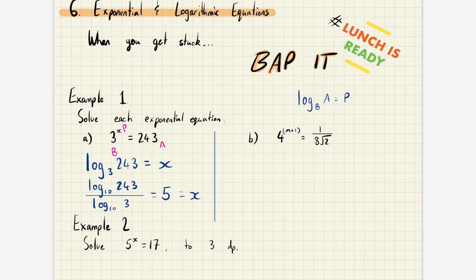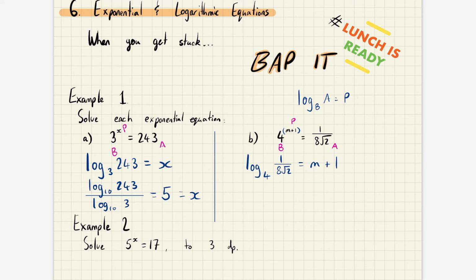We're a little bit stuck, just like before, so I'm going to BAP it. We've got the base, the power, and the answer. Rewriting it, I have log base 4, the answer is 1 on 8 root 2, and that is equal to m plus 1.